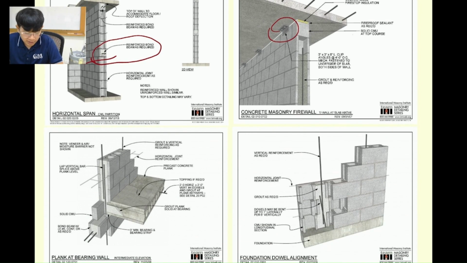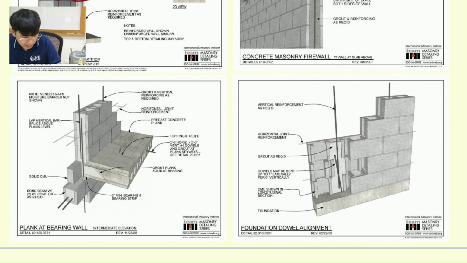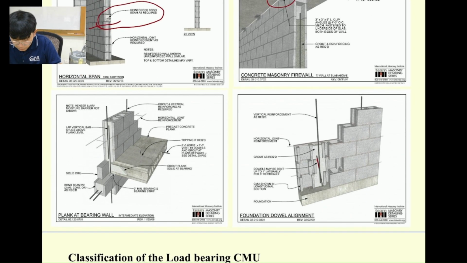So it's really complicated, and the detail is really hard, and then mistakes usually occur. So that's why this one is not really common in our country. For example, you need to put the reinforcement in here, and then you also need to connect it with here, and then you also have the concrete block that connects perfectly like this.